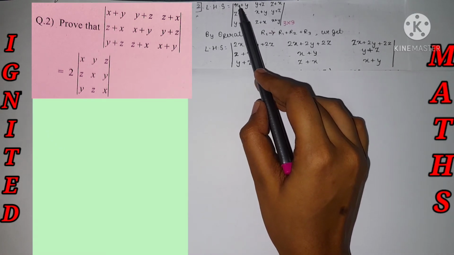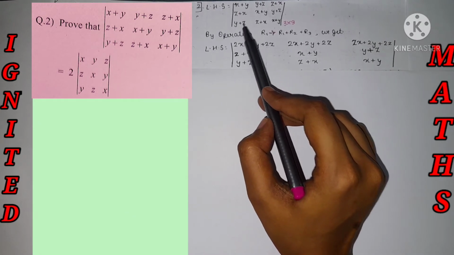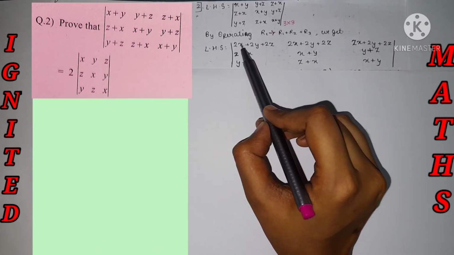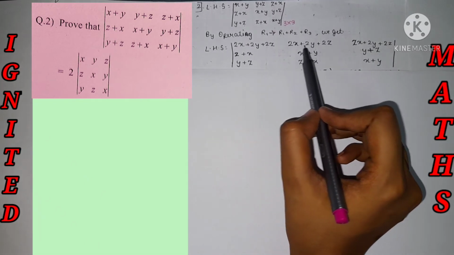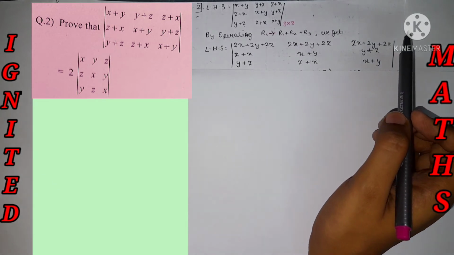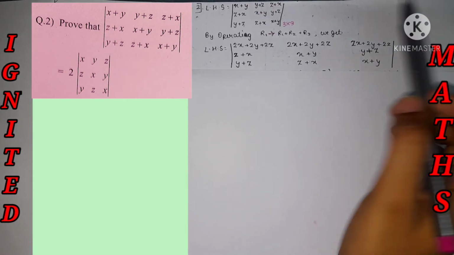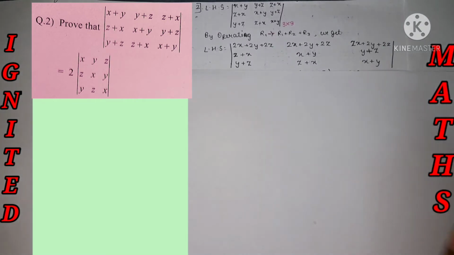If we operate it, we will get the answer 2x plus 2y plus 2z. Over here also the same, and over here also the same. Again, the same term is contained in row 1, that is 2x plus 2y plus 2z.